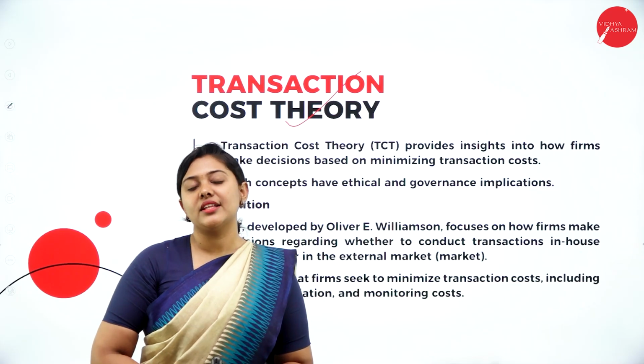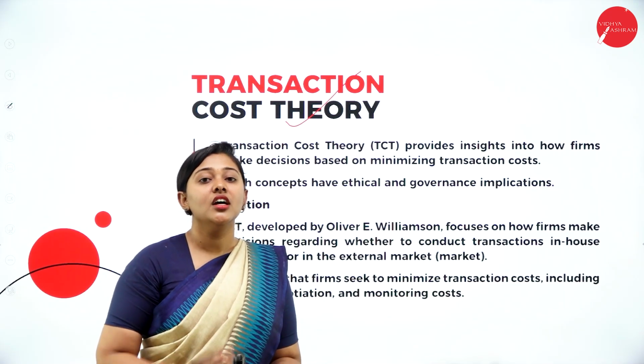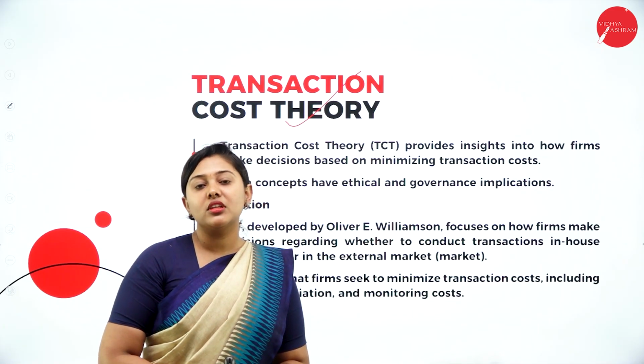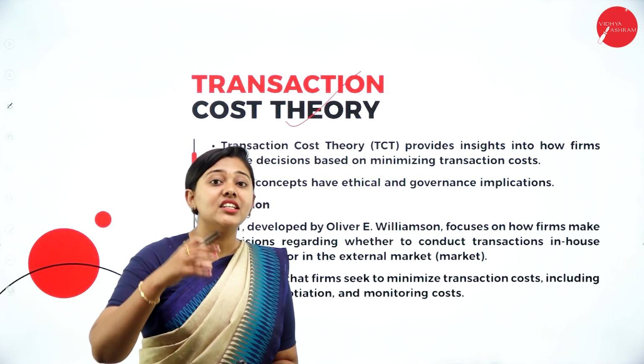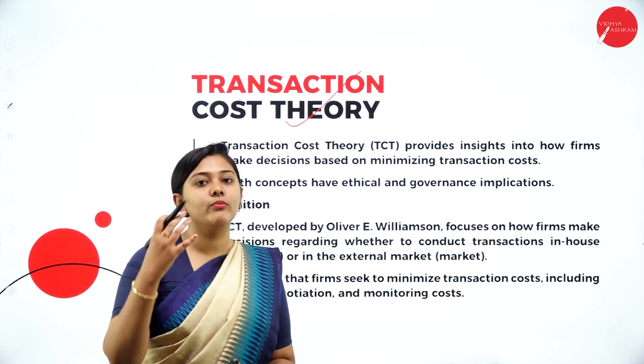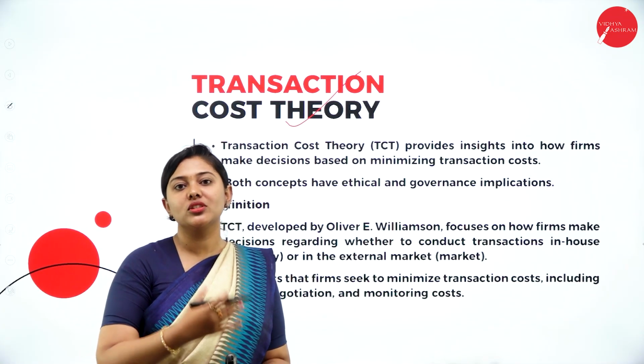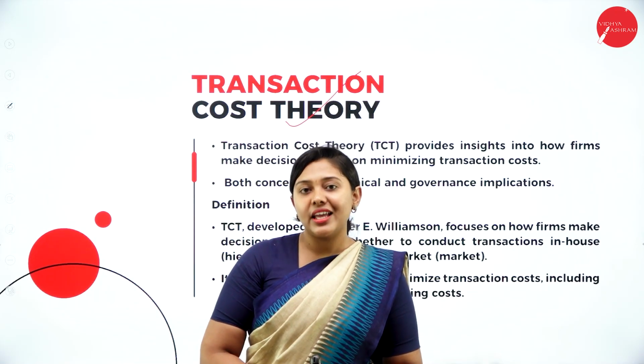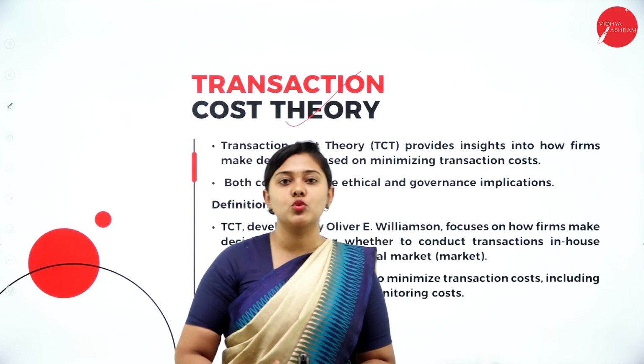So what this transaction cost theory says is that it is very important for a firm to control the cost by doing internal transactions. When they take up the internal work by the firm itself, the transaction cost will reduce.